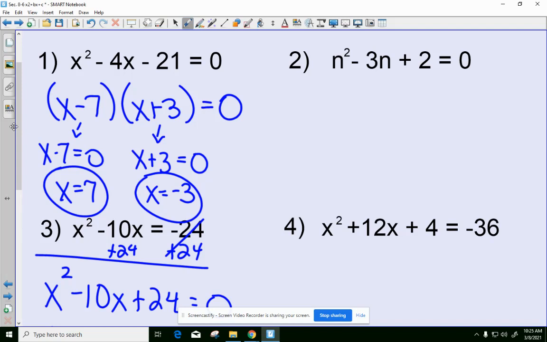In that first one, you're going to ask yourself, can I find something that multiplies to a positive 2 but adds to a negative 3? Can you think of something?